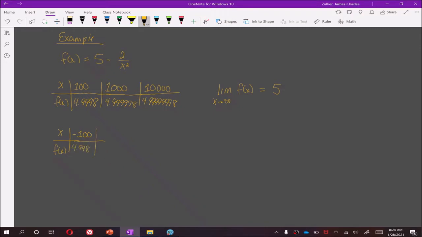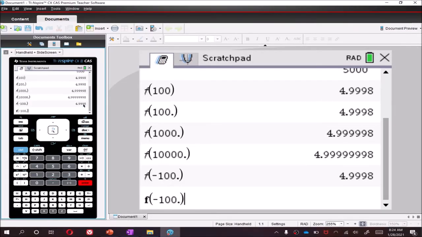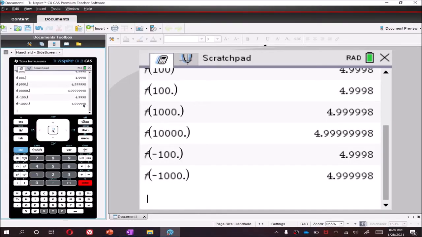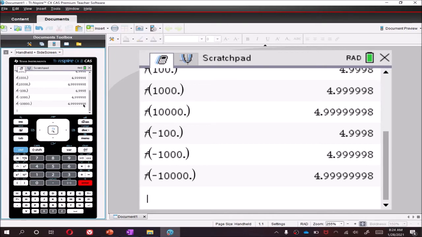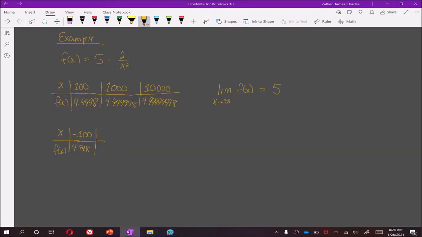And instead of switching back and forth, I'm going to show you right now that negative 1,000 gives you the same as 1,000, and negative 10,000 gives the same as positive 10,000. And so we say the limit as x approaches negative infinity of f of x also happens to be 5.